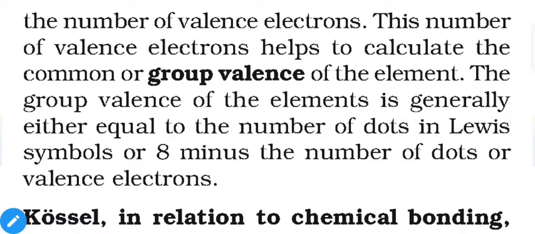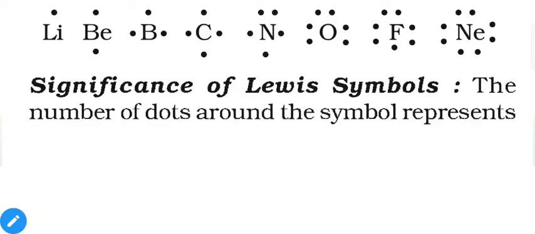The group valence of the elements is generally either equal to the number of dots in the Lewis symbols, or 8 minus the number of dots or valence electrons. As mentioned in these symbols, let us figure out the valence of the given elements.